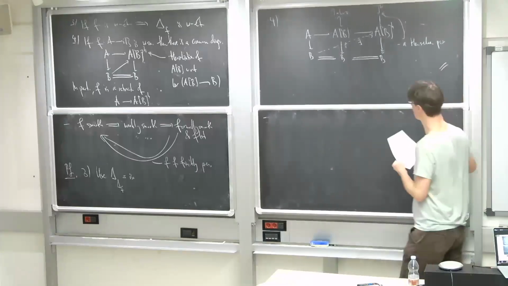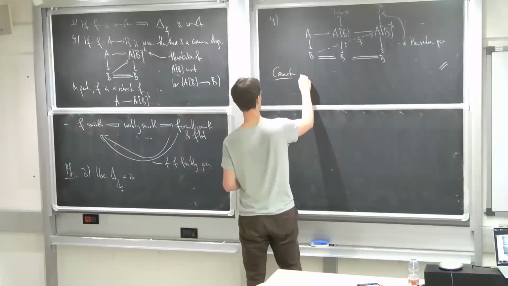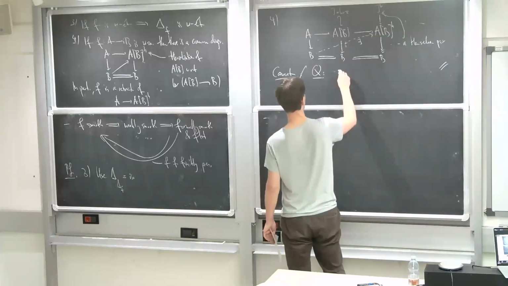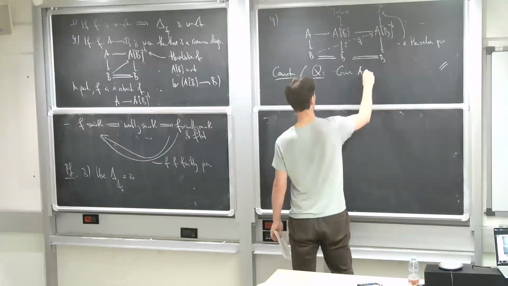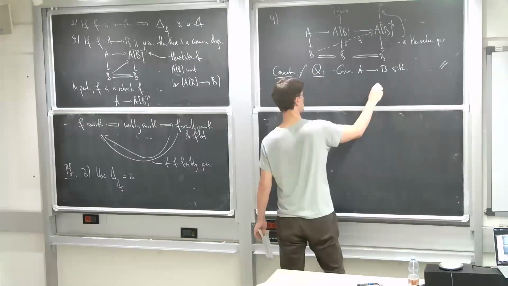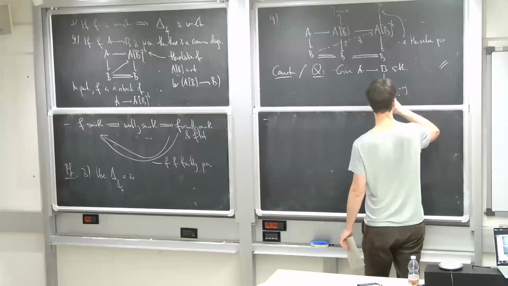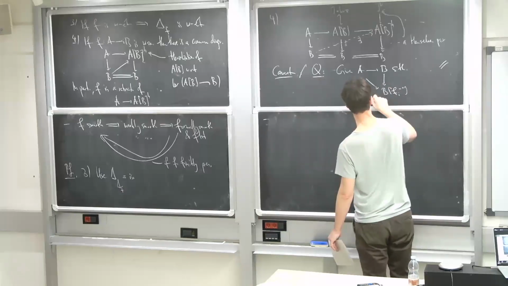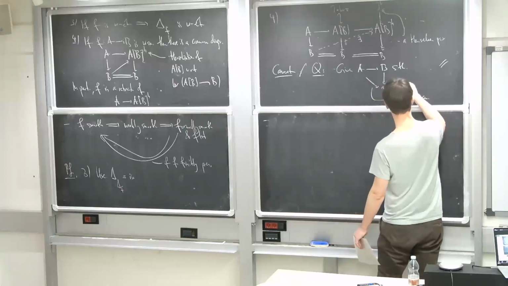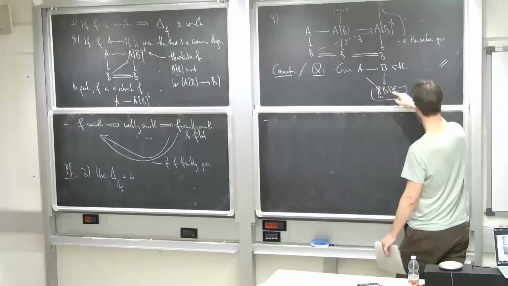There is one caveat. I don't currently know the following. So, caveat or question. Given A to B, such that the composite to a bunch of localizations, so such that these are all weakly smooth, and let's put a product here, so that this is faithfully flat.